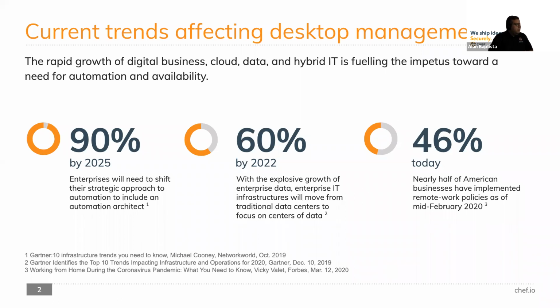In one of them, infrastructure is everywhere, and so is the data. So what they're essentially saying is that everything is moving to the edge, where they're estimating that by 2022, which is only 2 years away, 60% of organizations will have transitioned from data centers to centers of data, essentially to the edge.